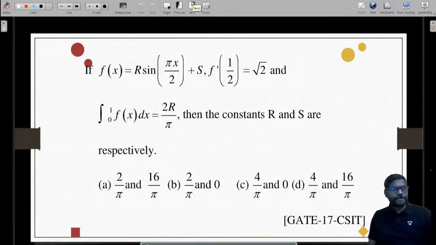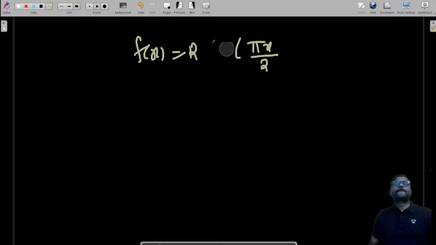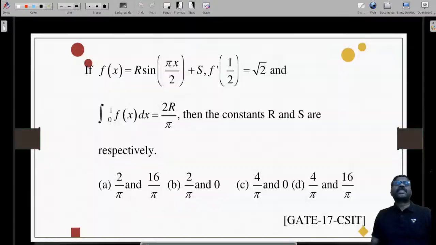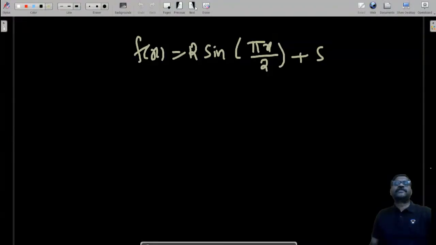Next, if f of x is r sin pi x by 2 plus s.